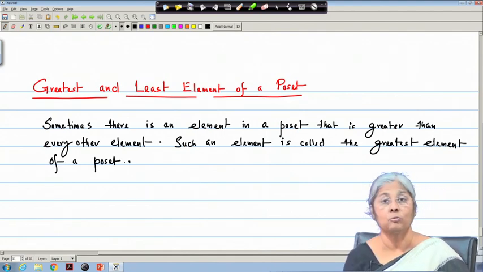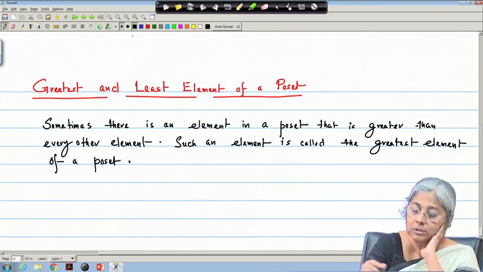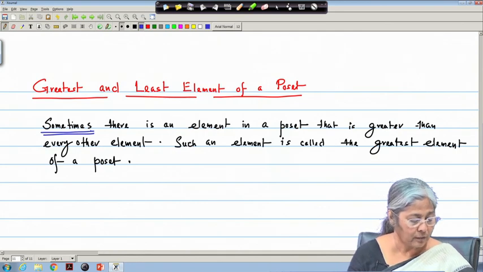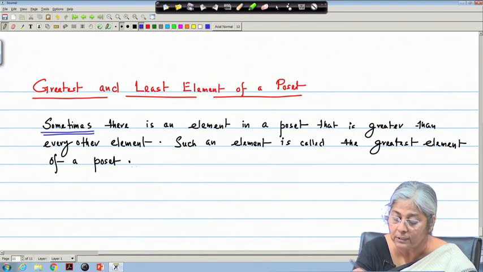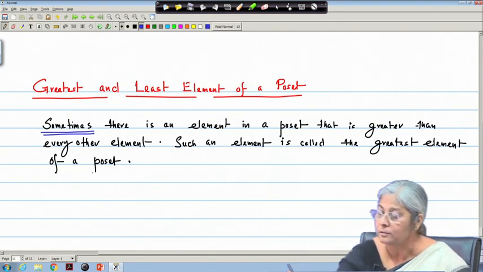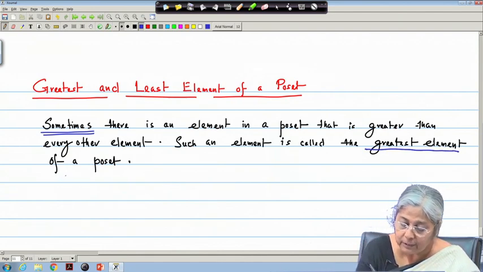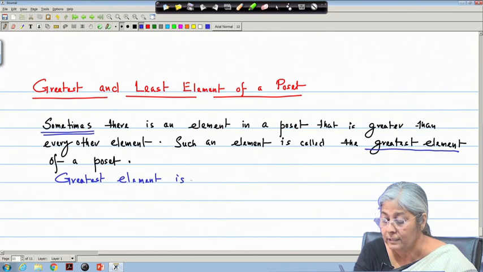Now, we must note that sometimes it exists, not always. We must note this. So, this element is unique and is called the greatest element. So, I can write that the greatest element is unique if it exists.